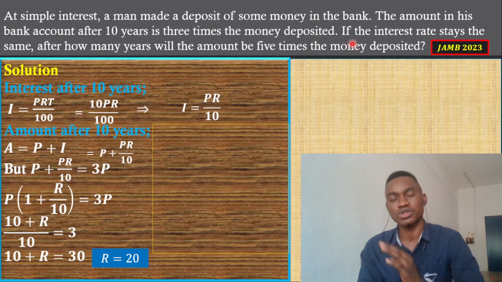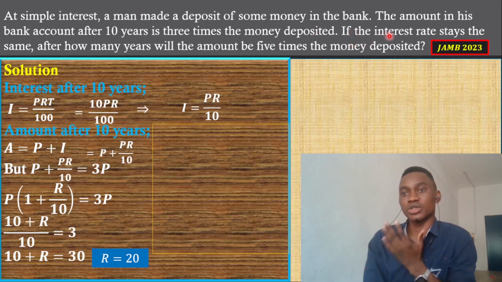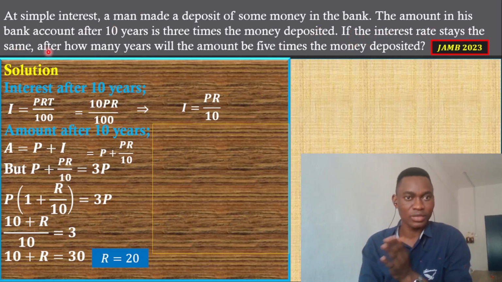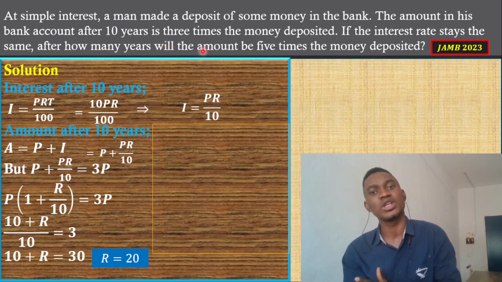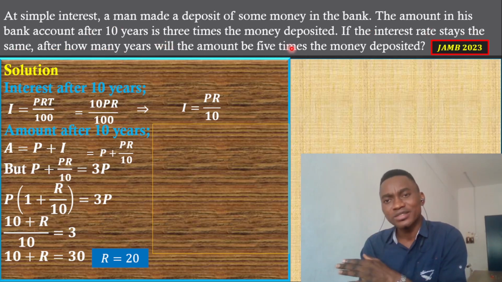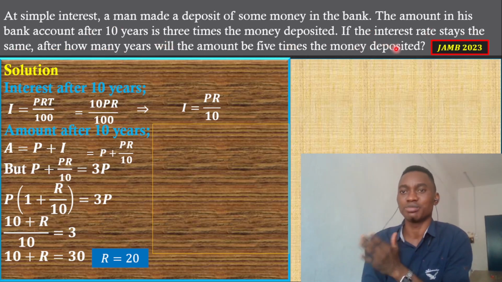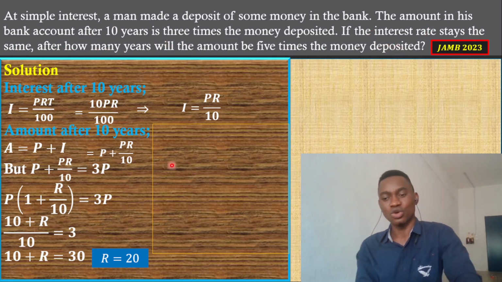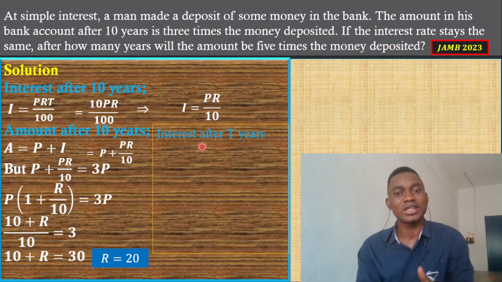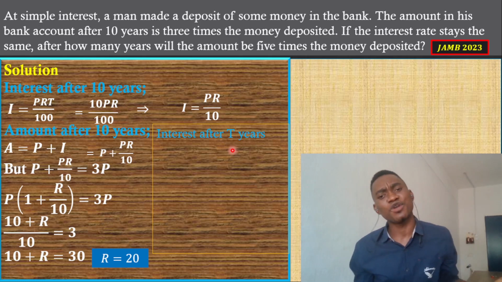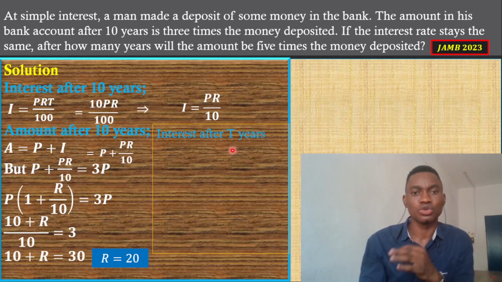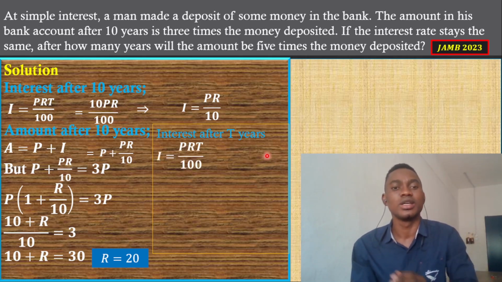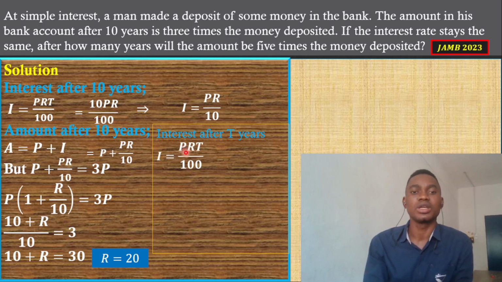The rest of the question says, if the interest rate stays the same, after how many years will the amount be five times the money deposited? So we are going to have interest after T years. Let the number of years be T years. So interest after T years is I equals P times R times T all over 100.